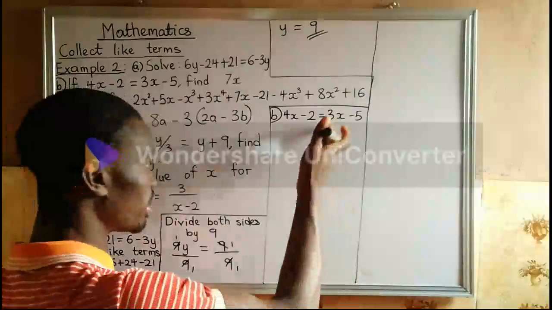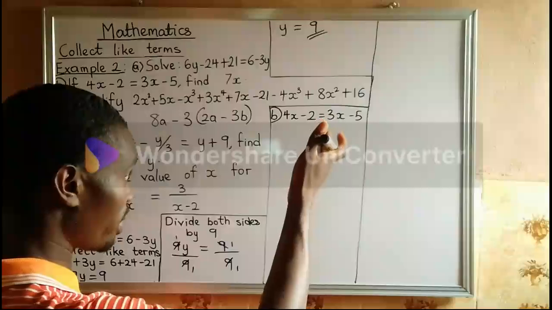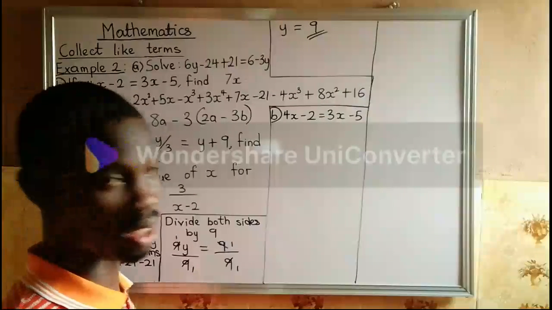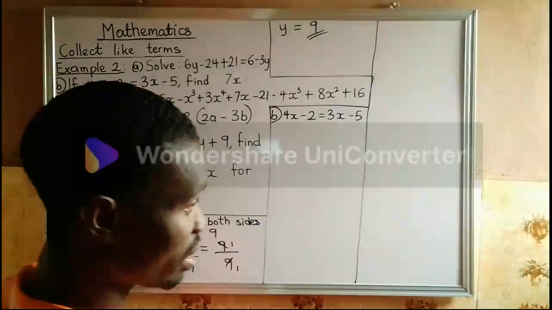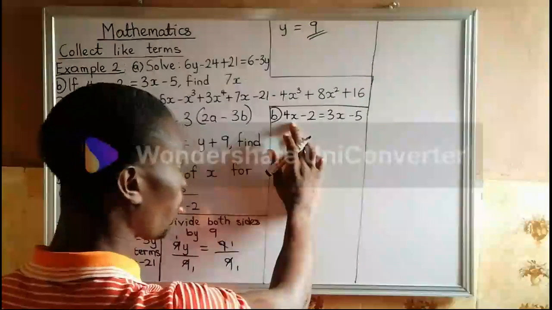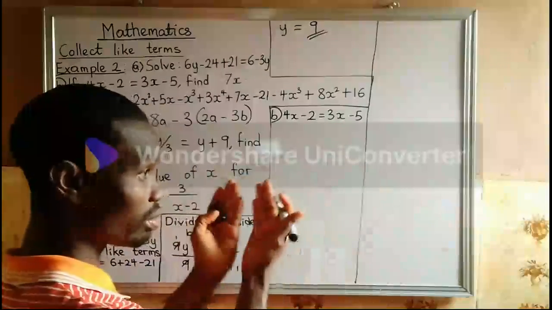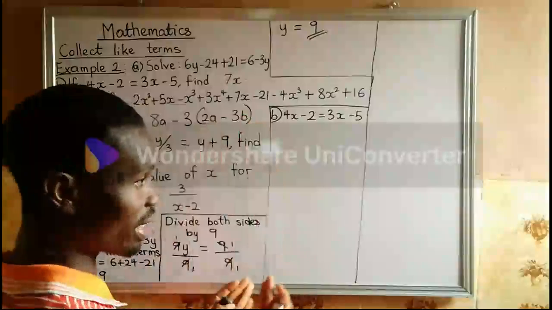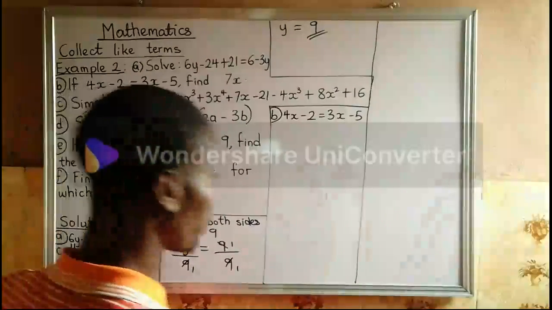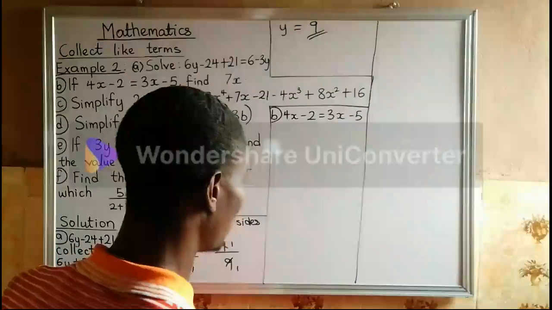Because the term which has the variable we are looking for is not even just 1, talk less of saying that it has to be on one side and others on the other side. 4x has this variable on one side, 3x has this variable on the other side, but it should just be 1, and it has to be on one side, and every other term must be on the other side. So you can't divide both sides by anything here.